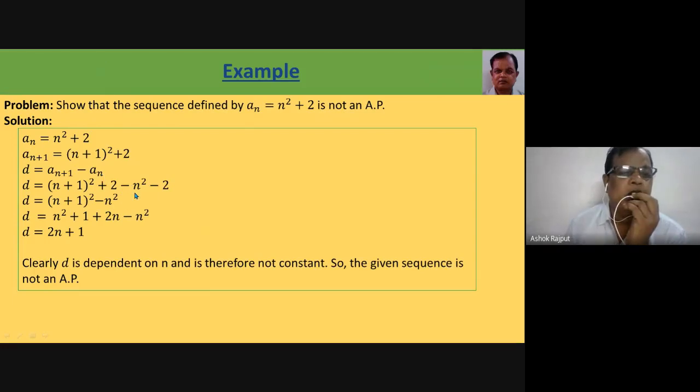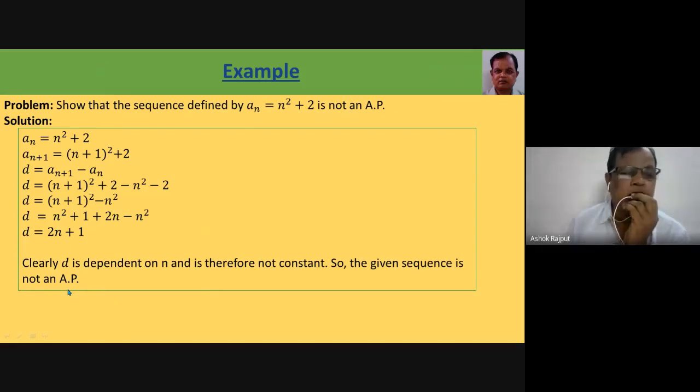When we break the bracket, we change the sign, so d equals (n plus 1) whole square minus n square. Now we first expand (a plus b) whole square, which is a square plus b square plus 2ab, so we get n square plus 1 plus 2n minus n square. N square cancels. Therefore the difference is 2n plus 1.